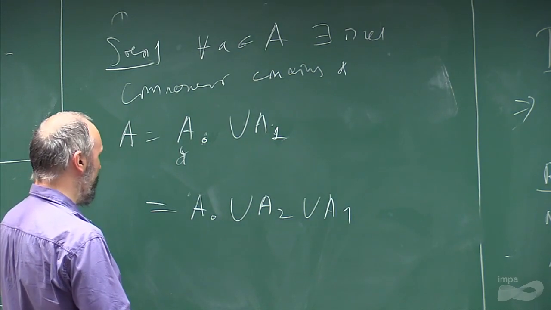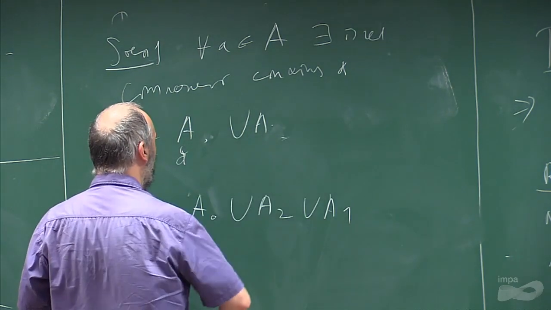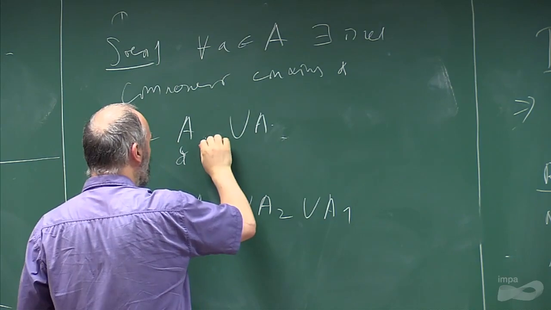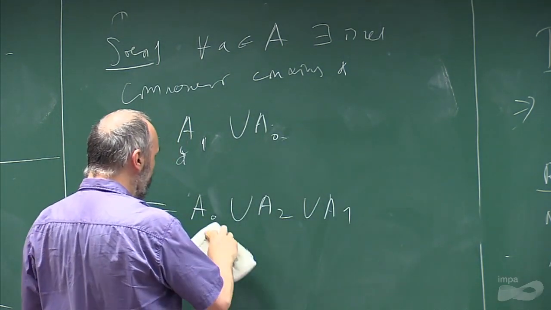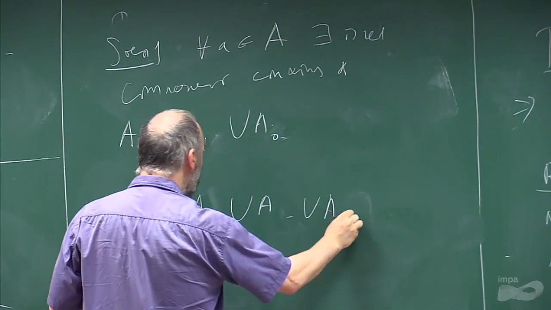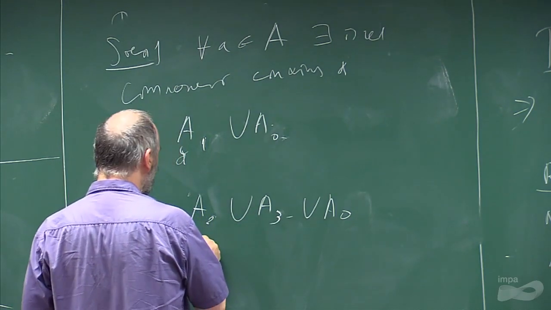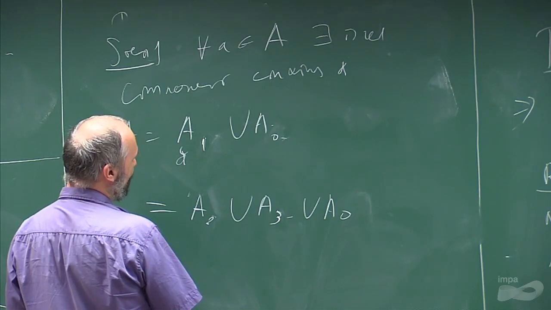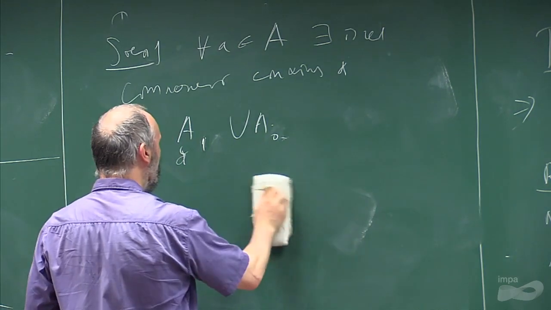Oh, sorry, no, it's bad numbering. Here we would split A1 into a union of two guys. How to do it better? Okay, all right, I would do it like that.